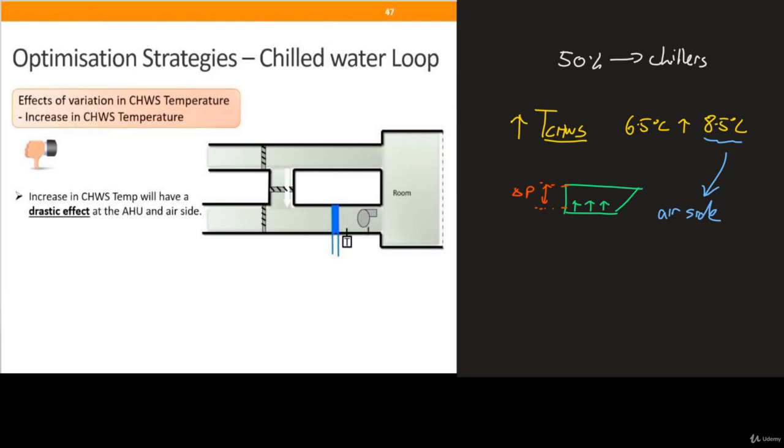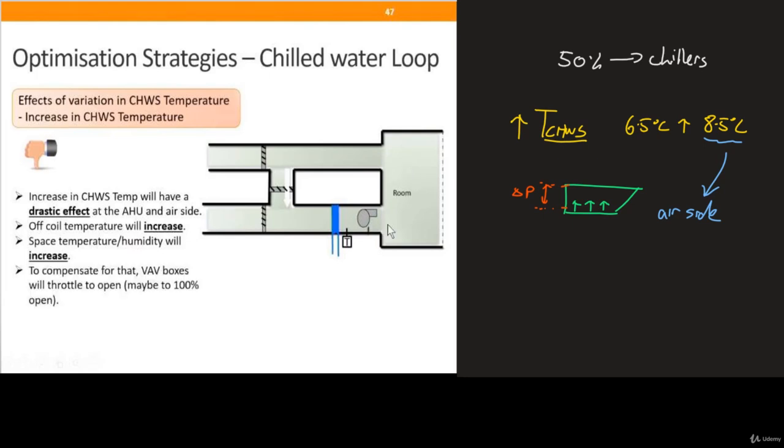Imagine now at the AHU, the water is not as cold. So your fan may have to work harder in order to bring down the temperature. Because of that, your off-coil temperature will increase. That means the temperature after passing through the cooling coil will increase because your water is not so cold now. So your space temperature and humidity will increase.